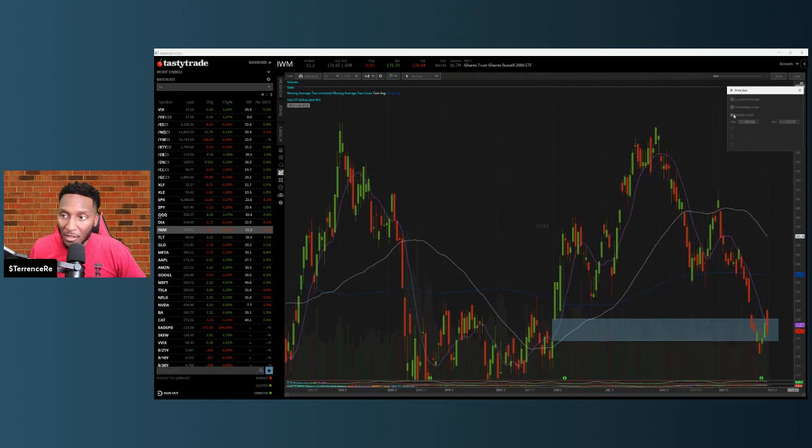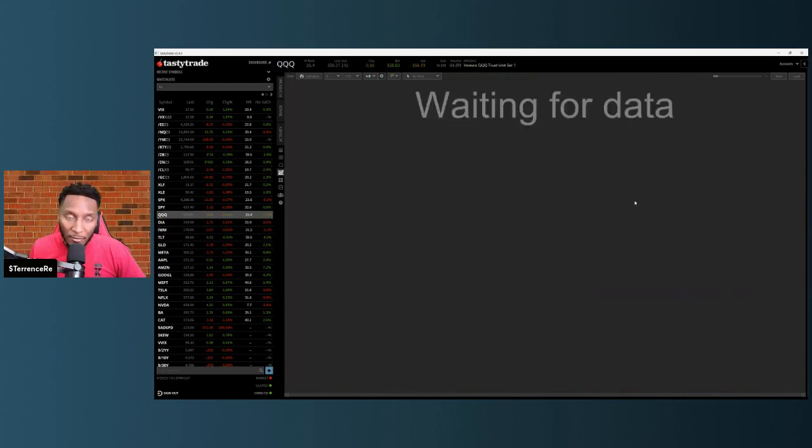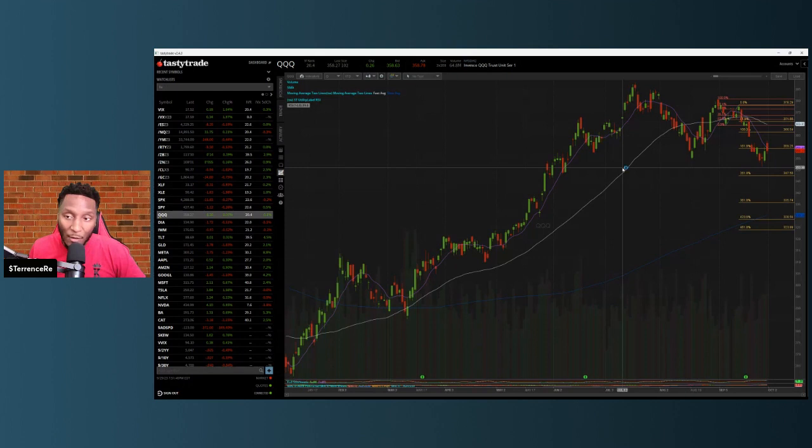So now let's go take a look at the Nasdaq. I'm gonna pull up the triple Q, and when we look at the triple Qs, it's down, but the Russell is down further. You see how different this one looks as opposed to the IWM.